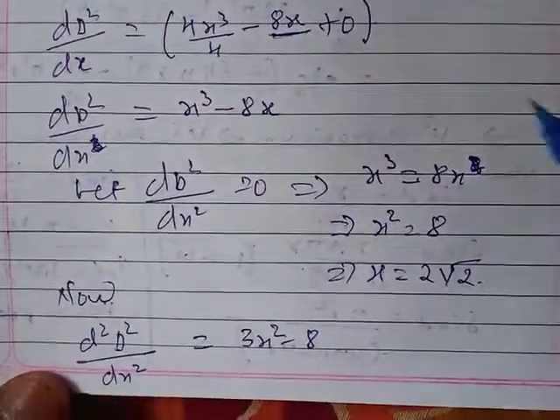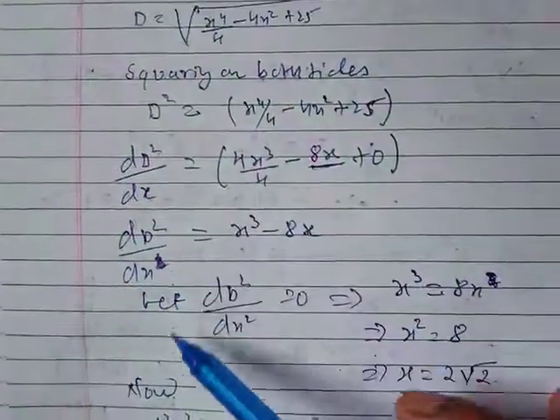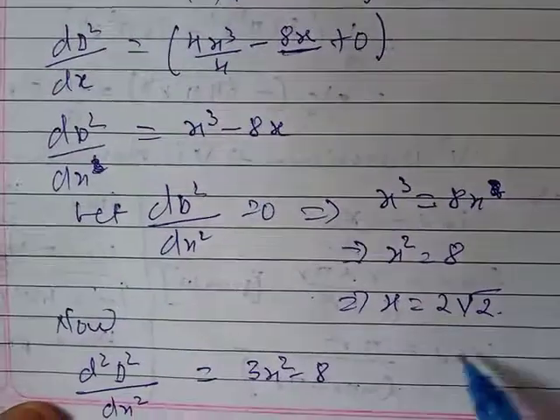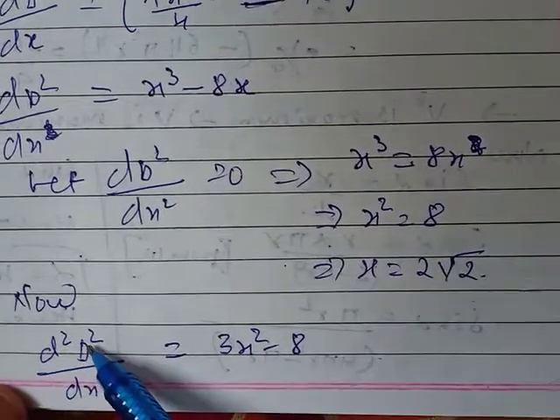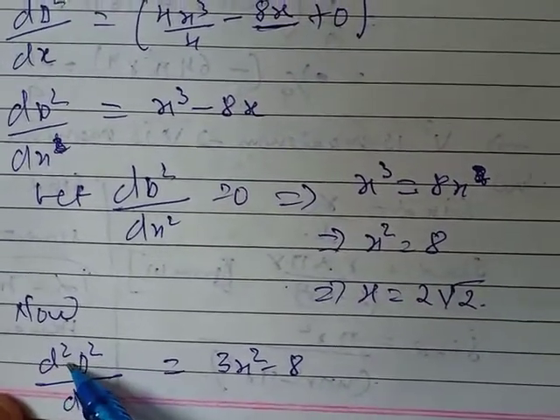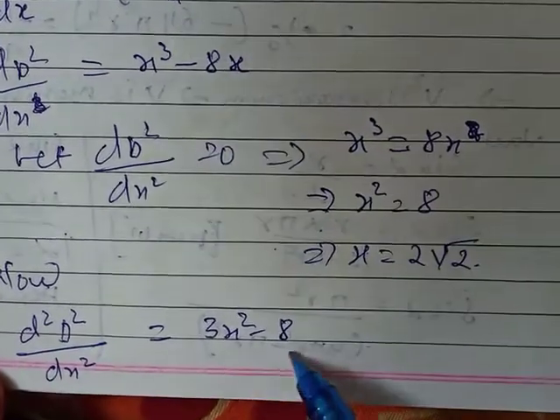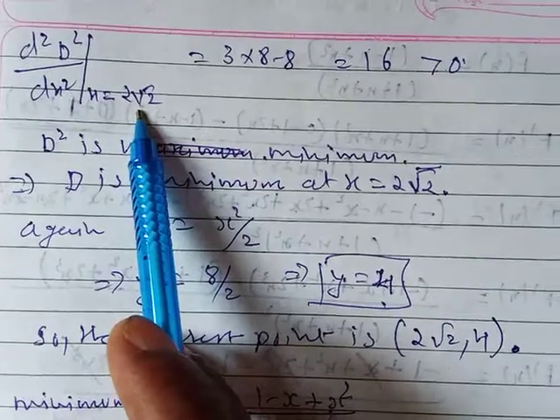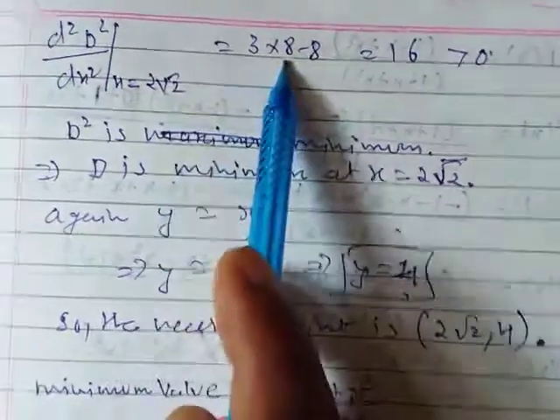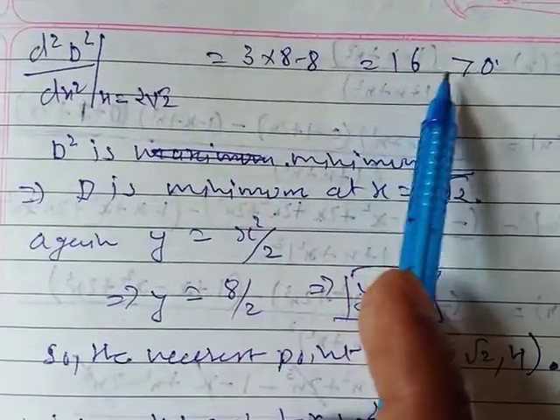We found d. Now we have to show that this is where the distance is minimum. So the second derivative, d square by dx square. We got x is equal to 2 root 2. If you substitute 2 root 2 in place of x, then we will get 16, which is greater than 0.